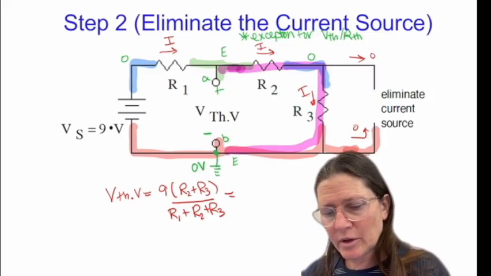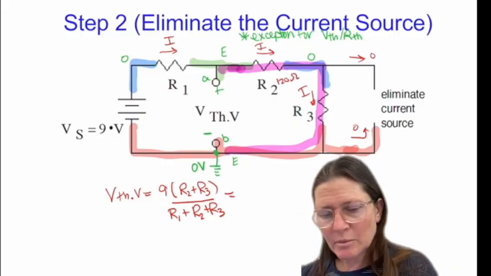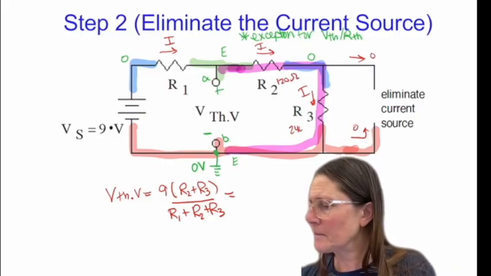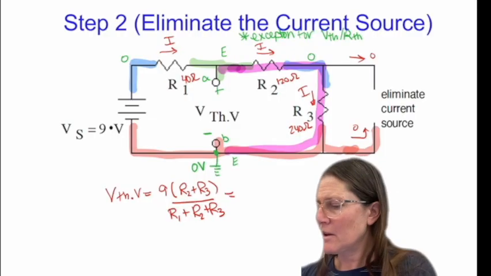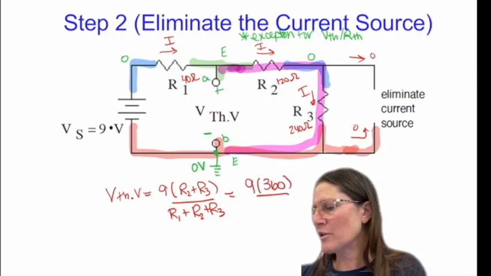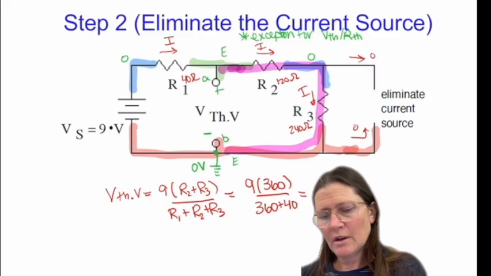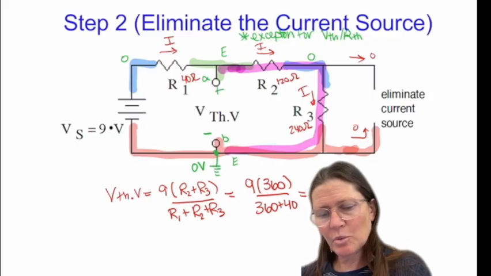So this was 120. This one was 240. And this one was 40. So 360 over 360 plus 40, which gives 8.1 volts.